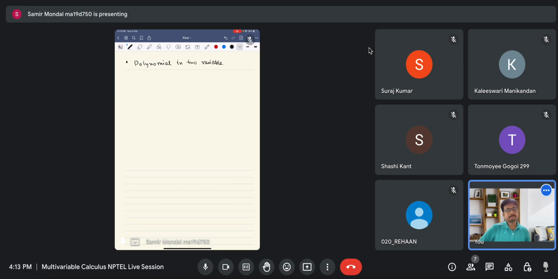Is it fine? Is it fine for everyone? Are you familiar with what a polynomial is, or all those things? And the second one is rational functions. What is a rational function?